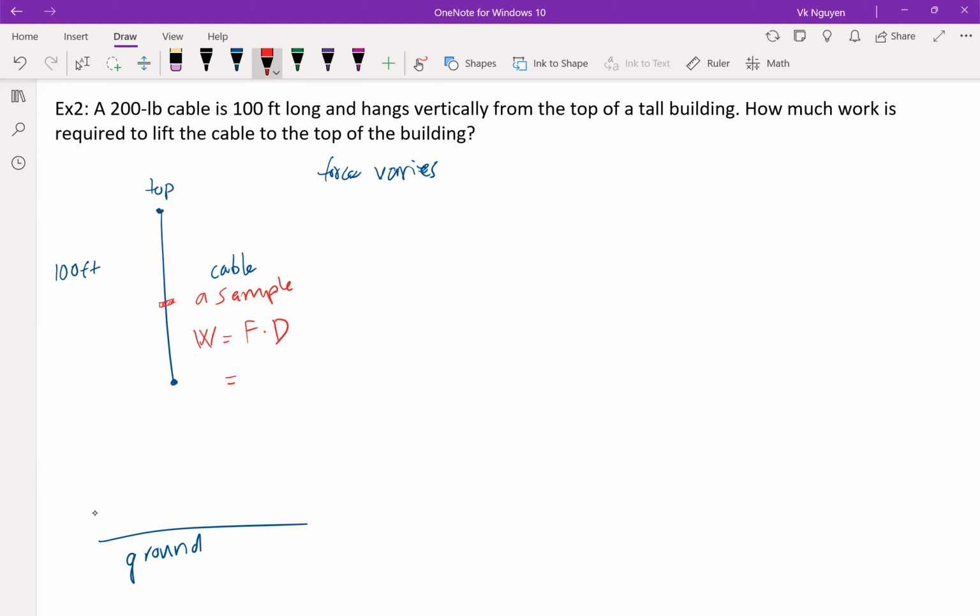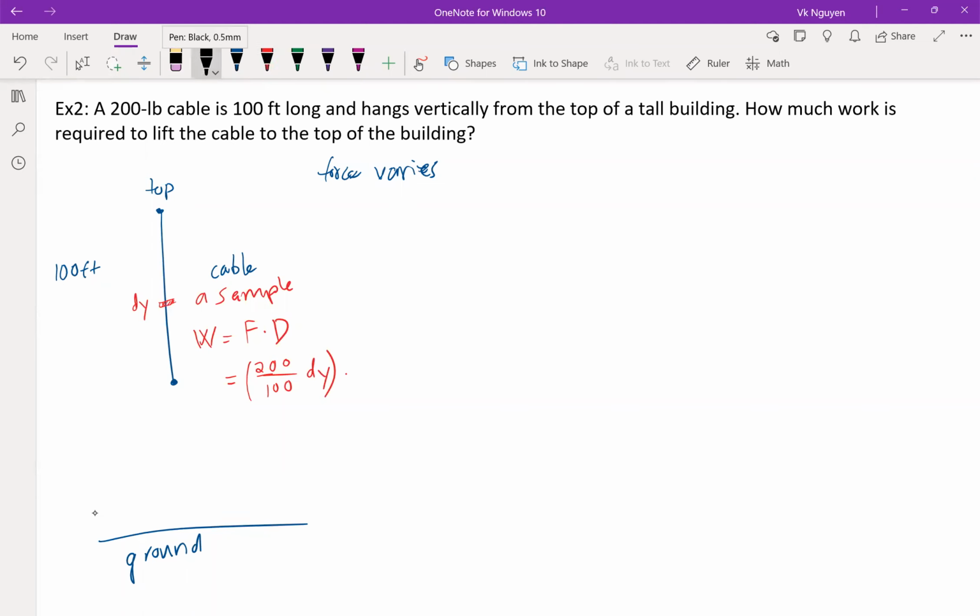This sample has a length of dy if we use the y-axis. And it has a weight of 200 over 100 dy, so 2 dy. The distance here, well, the entire thing is 100 feet.